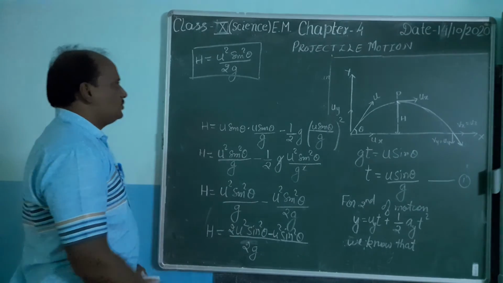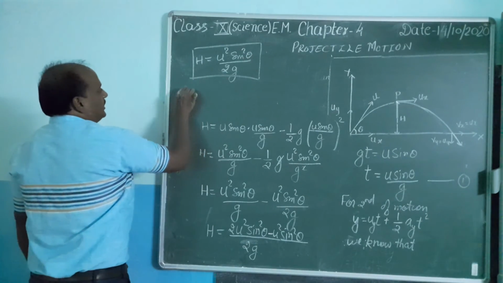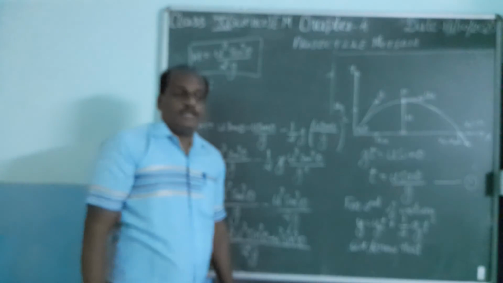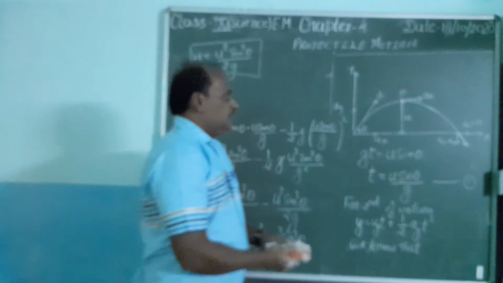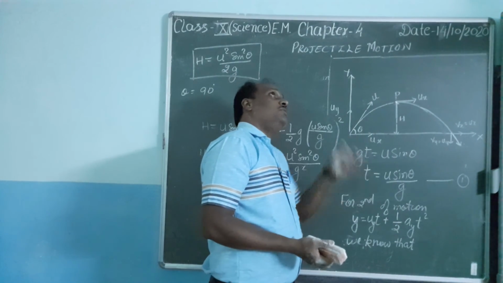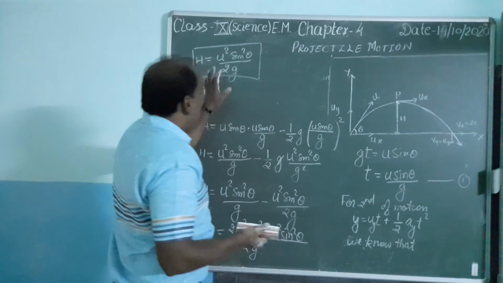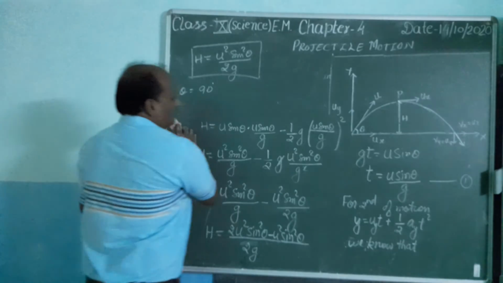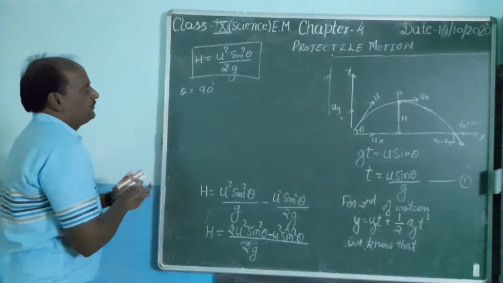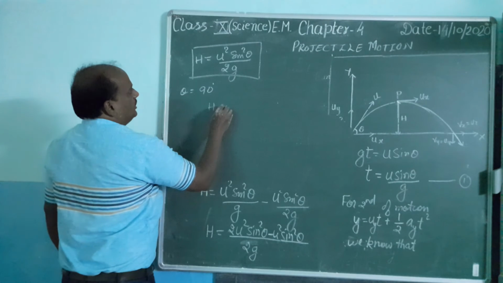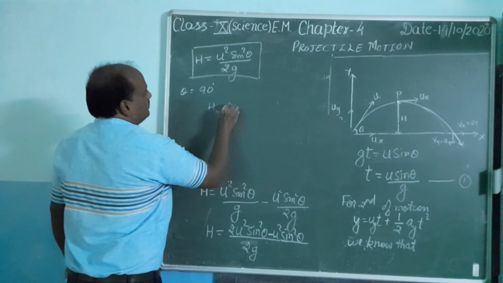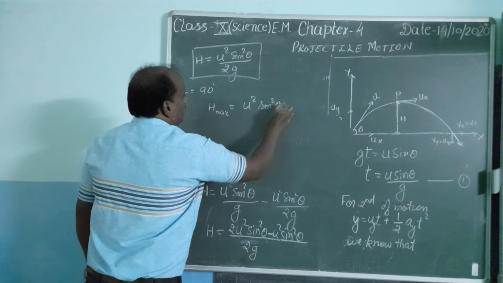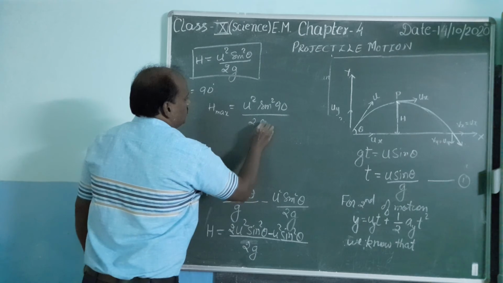Suppose the angle theta is equal to 90, meaning we are projecting this object in the vertical direction, making an angle of 90 degrees with the horizontal axis. Let's see what happens. So h equals h max, h max equals u square sin square 90 degrees upon 2g.